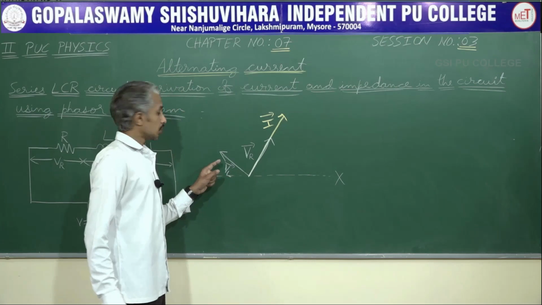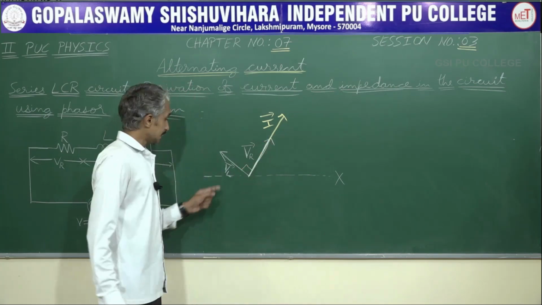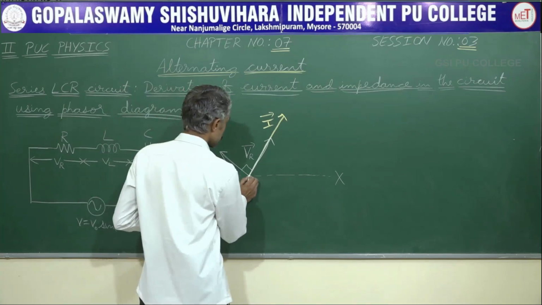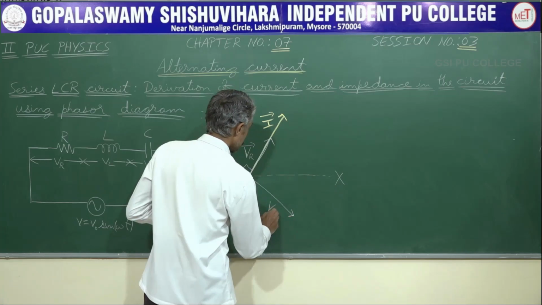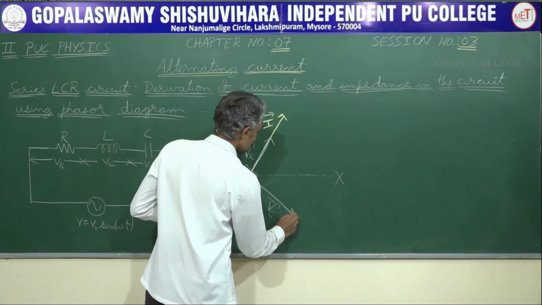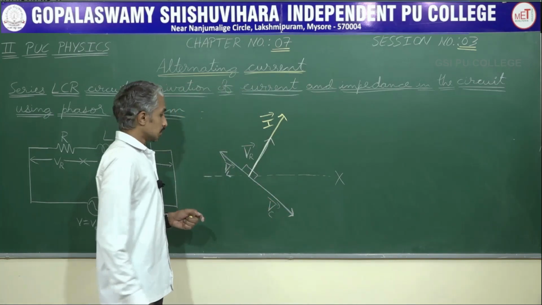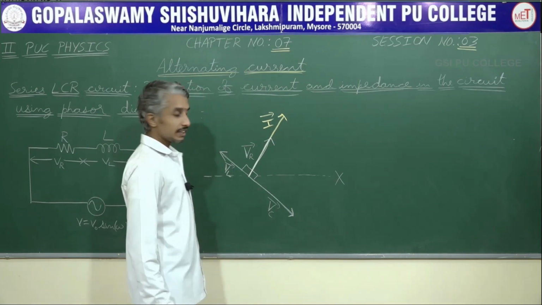The voltage across the inductor will lead the current by 90 degrees. The voltage across the capacitor will lag behind the current by 90 degrees.